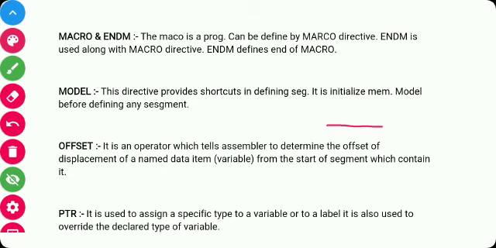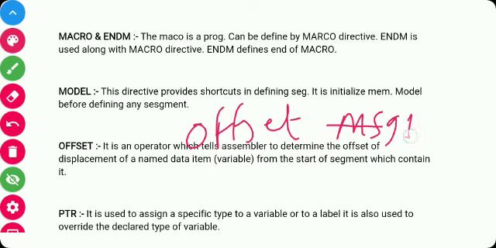MODEL: this directive provides a shortcut in defining a segment. Next is OFFSET. It is an operator used to determine the offset value of a name, data item or variable. For example, if I write OFFSET MESSAGE1, it will determine the offset value of the variable MESSAGE1.